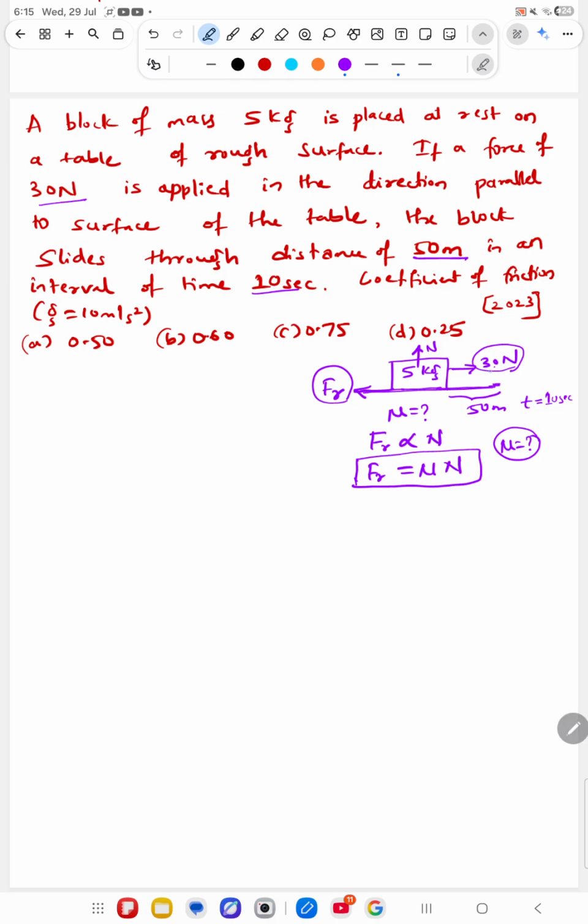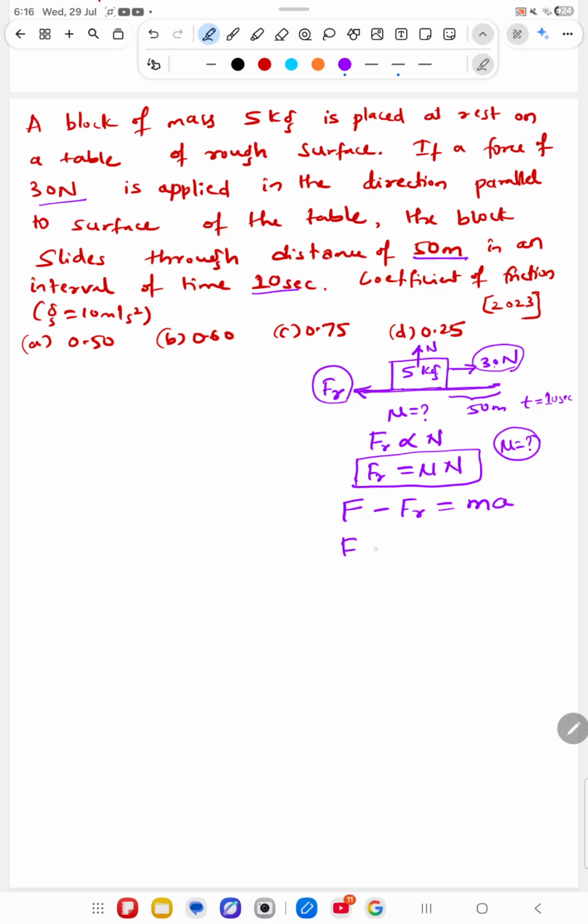So if the difference between the 30 Newton force and the frictional force is more, then the object slides a far distance. So for that I will write a formula: the applied force F minus the frictional force gives the acceleration of this object, so that is m into a.